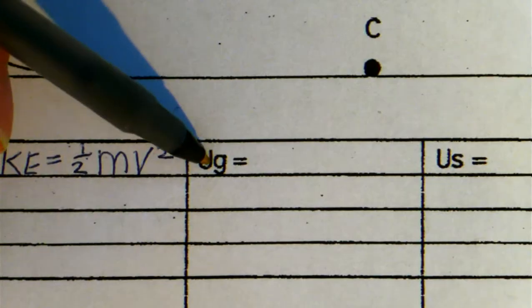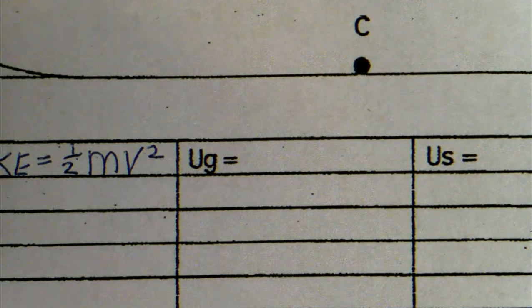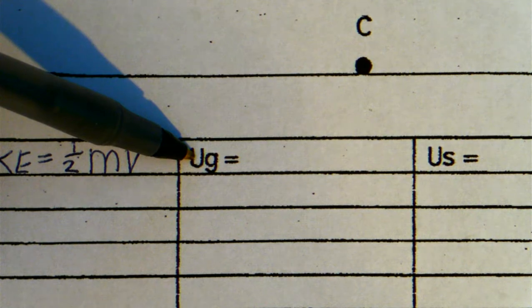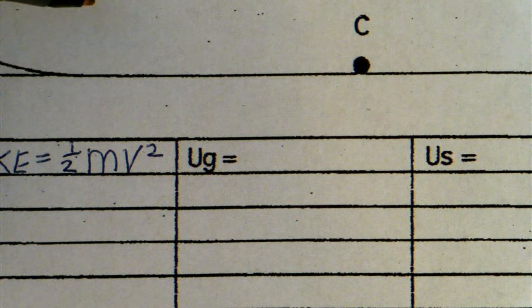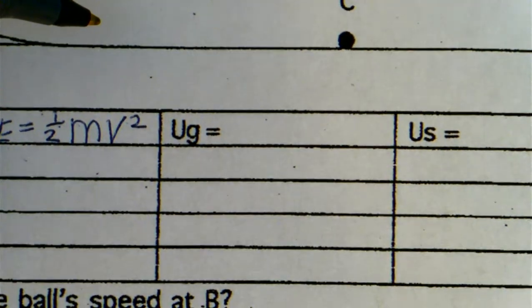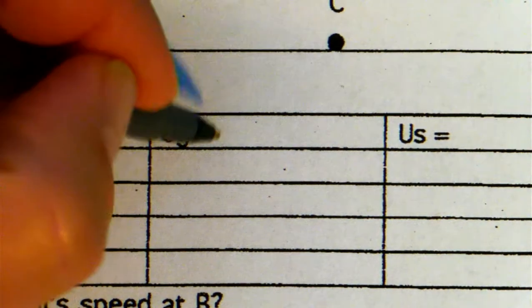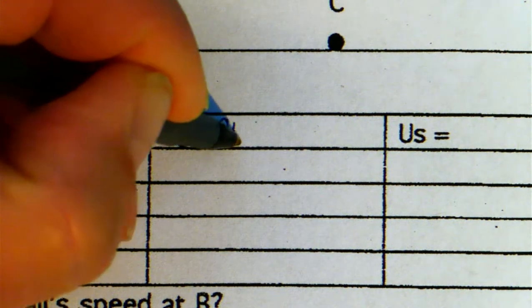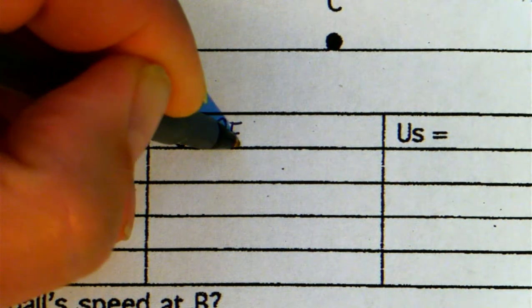Okay, so then there's UG. What kind of energy do you think UG is, Zara? Yes, this is a college style. In high school, we would just call it PE for potential energy.